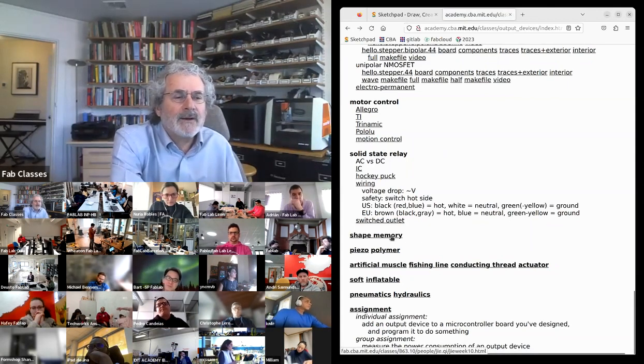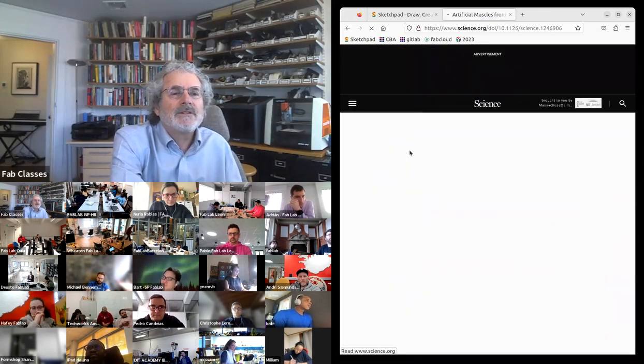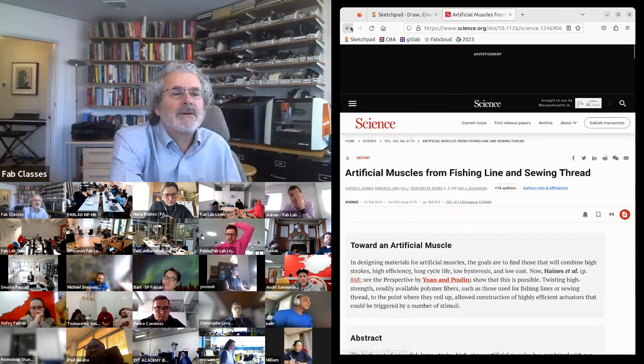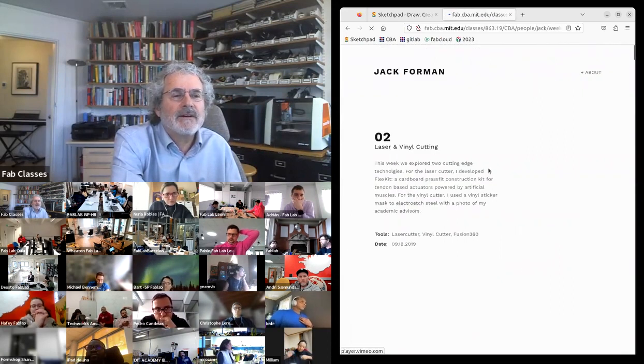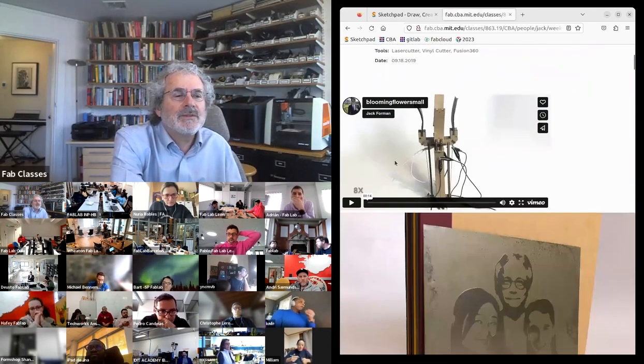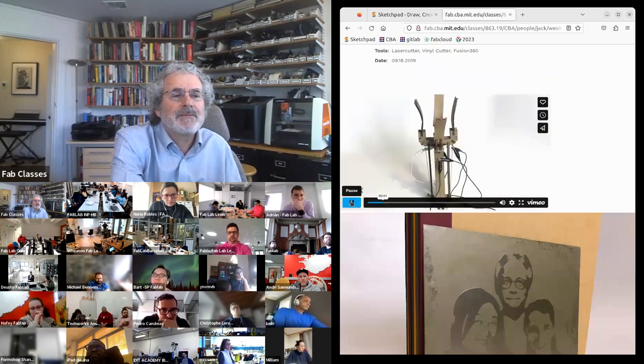Shape memory alloys, I don't recommend because of the success of artificial muscles. This is a science paper on fishing line and sewing thread. We've had a number of different examples; this was a student doing an example where this is an actuator, a tendon that pulls on that.